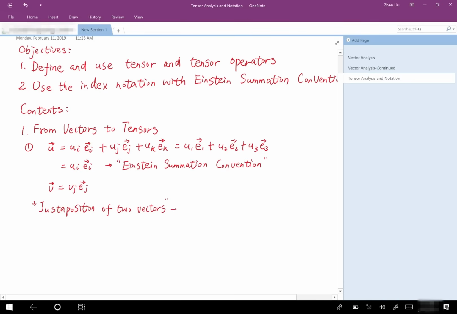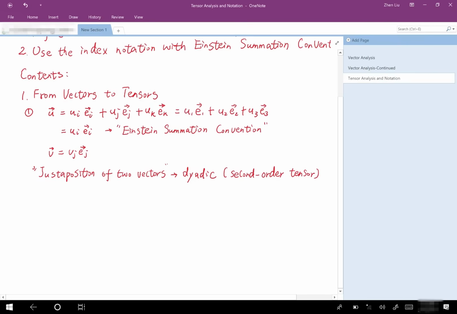So that will give us something called a dyadic. So it has a specific name. So dyadic is a name for a second-order tensor. And if we put u and v together, we're going to have something like this: u v, so it's like u_i e_i v_j e_j.